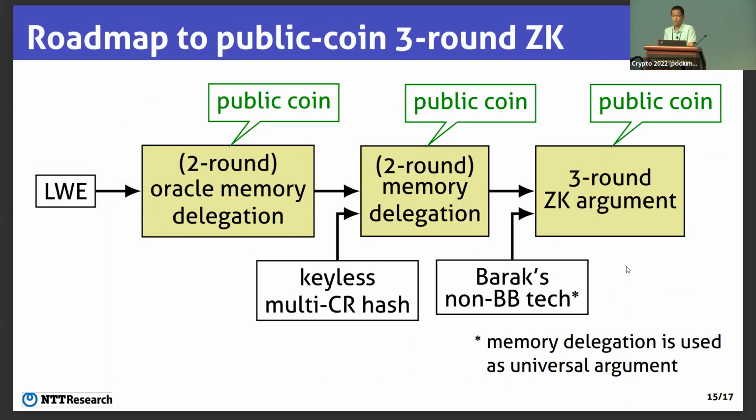And as stated earlier, we can transform it to public coin 3-round zero knowledge by using the Barak-style non-black-box techniques. In particular, people who are familiar with Barak's non-black-box technique can think that the memory delegation that we obtain from Oracle memory delegation can be used as a universal argument in Barak's technique. And since the memory delegation has only 2 rounds, we can reduce the round complexity of zero knowledge to 3, so we can obtain public coin 3-round zero knowledge.